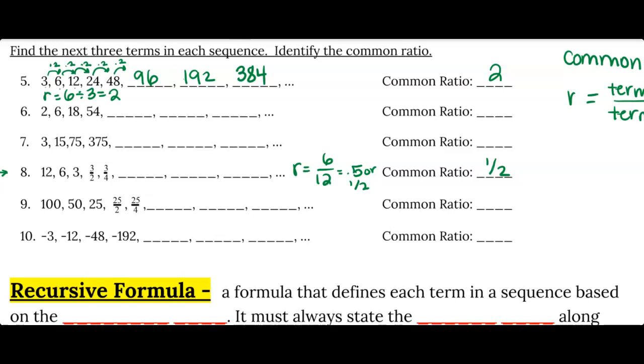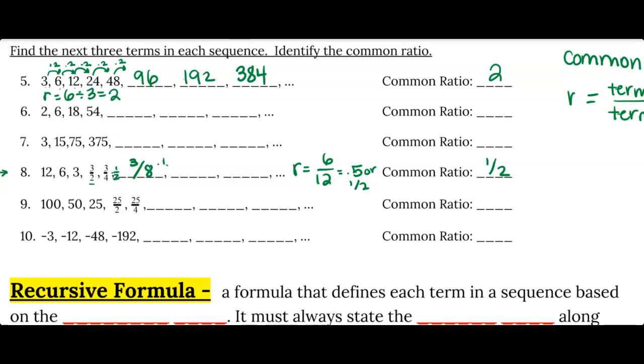So then we get down to these fractions, because 12 divided by 2 is 6, 6 divided by 2 is 3, 3 divided by 2 is then 3/2, the dreaded fraction that nobody likes. But the beauty of these is that if you notice, 3/4 times 1/2, we are going to multiply all the numerators by 1. So all of my numerators will stay the same. And all my denominators will be multiplied by 2. So 4 times 2 gives me 8.